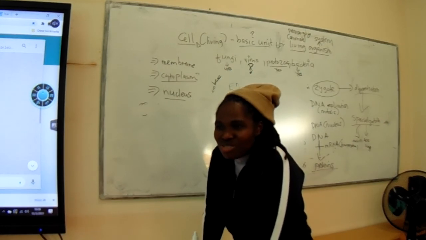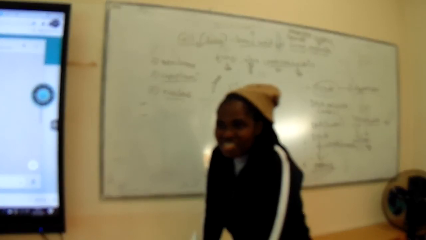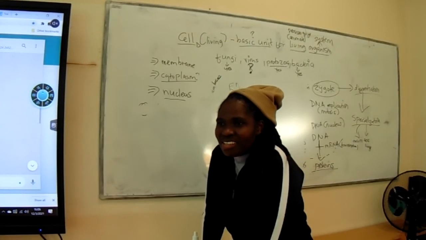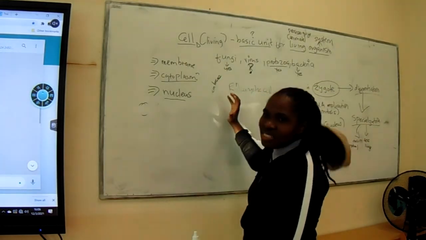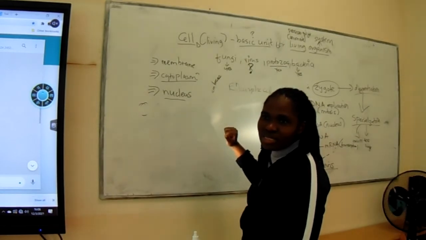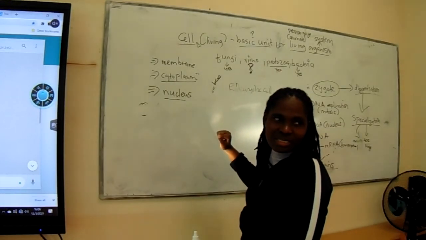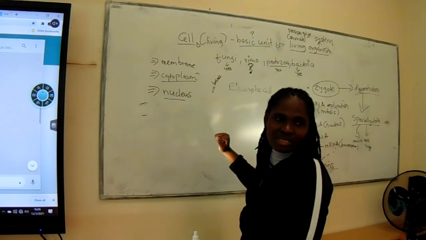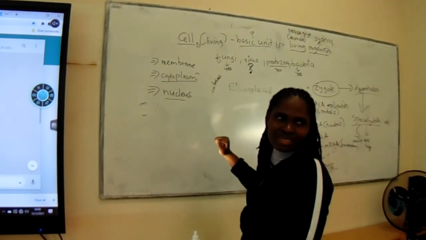Well, I know that we humans will go to eukaryotic cells. Yeah, what do we mean when we say we are eukaryotic cells? Exactly what do we mean? It means that a eukaryotic cell is a cell that has a membrane, a nucleus, and cytoplasm.